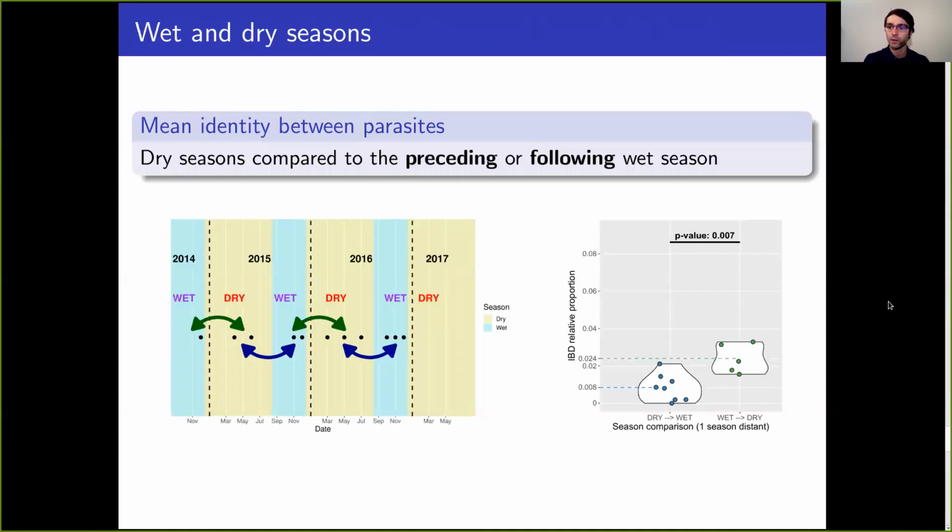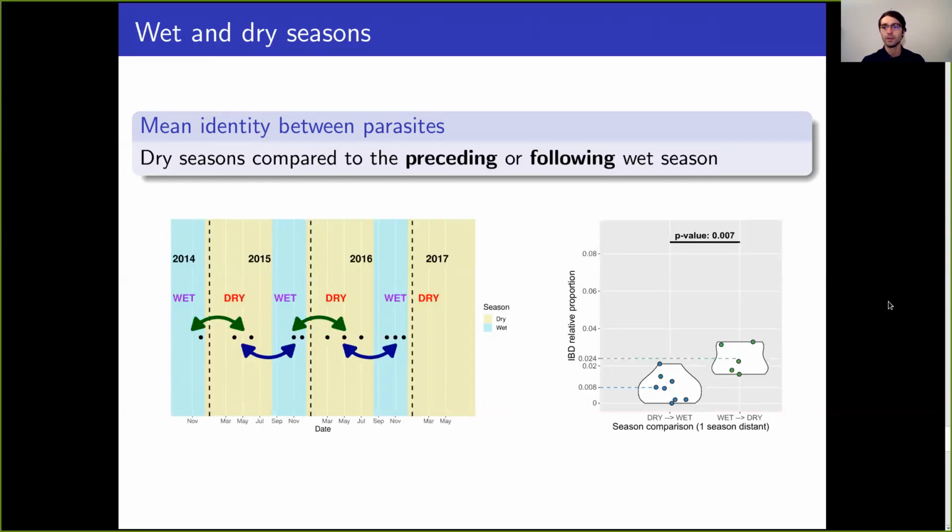The last question was, is there an implication of wet and dry season in parasite similarity? To do so, we decided to group the samples into two categories. The first one would be parasites collected during a dry season with parasites collected during the previous wet season.